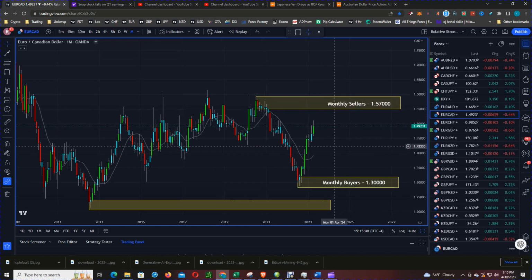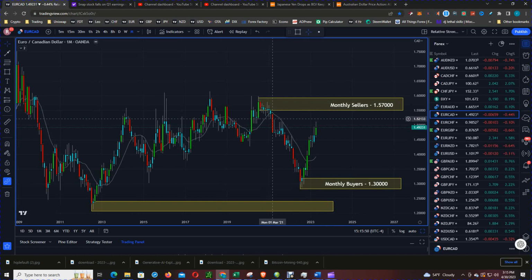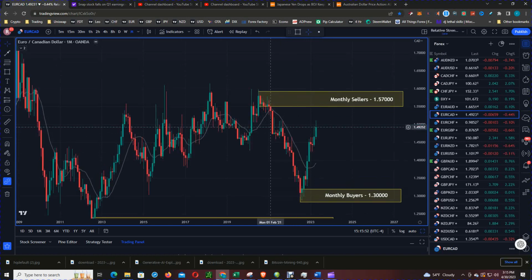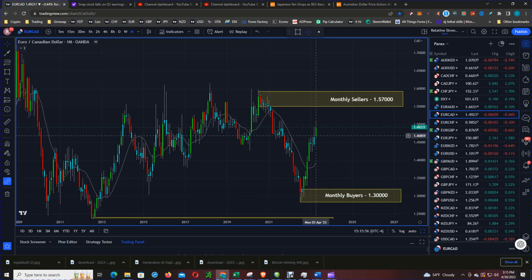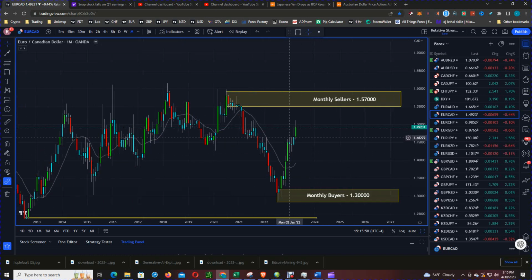Now, one thing to note, you have these wicks here, which is selling pressure on the monthly chart, and you can see how for the month of April, price sold off.